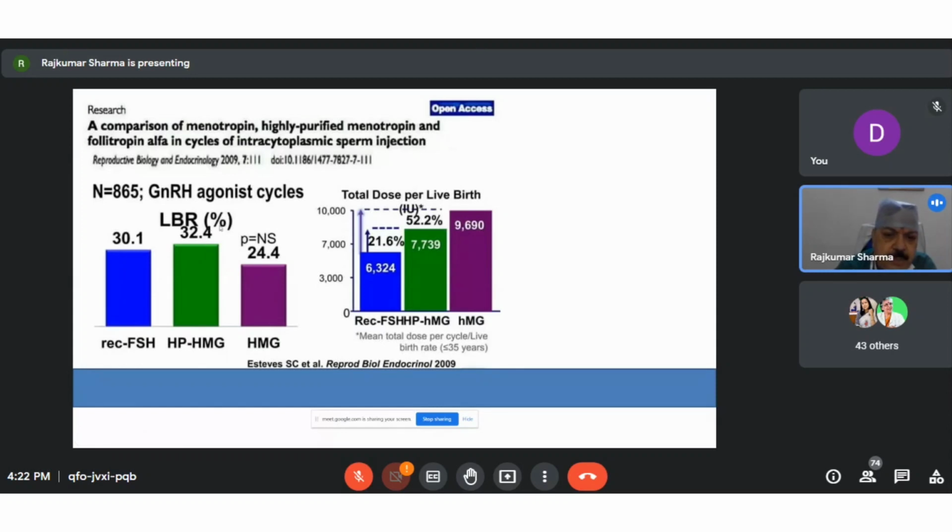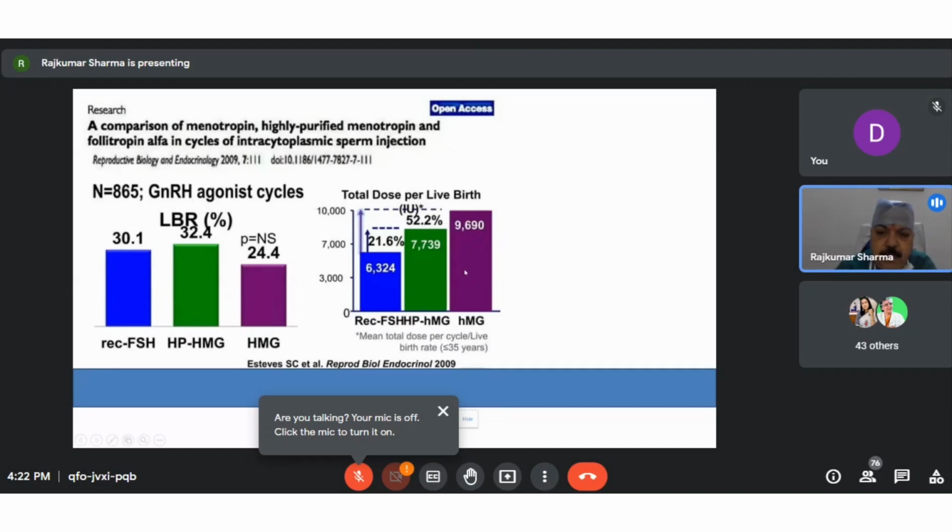But the point to be seen is in the next part of the slide. The number of days required in the cases of recombinant FSH is much less. So it is more patient friendly. The number of injections would be less in comparison to the patients who are on highly purified HMG for stimulation. And the patients who are having normal urinary HMG would require more days and more units of the HMG.